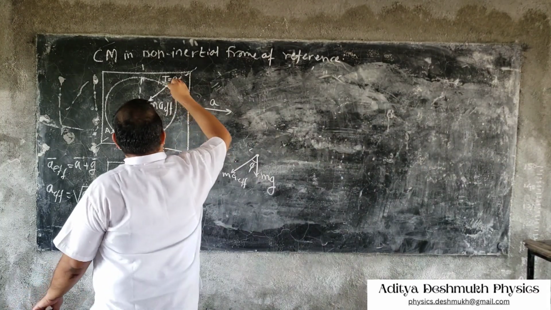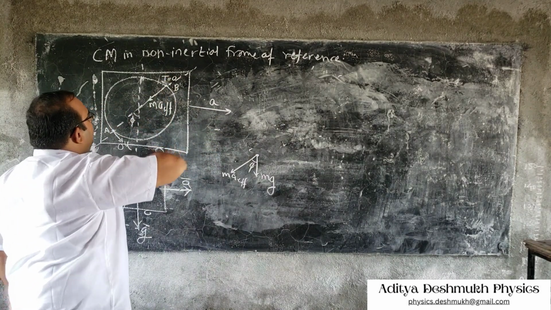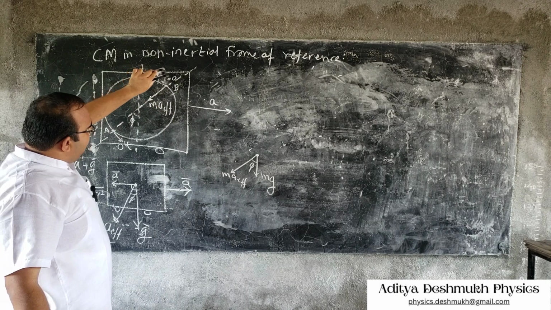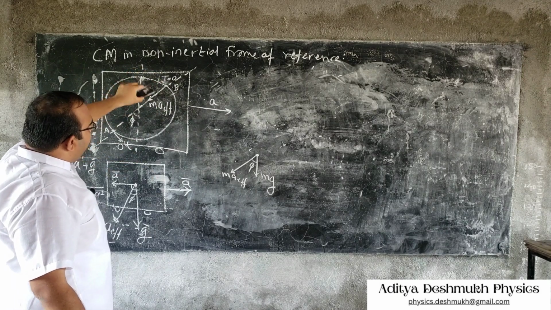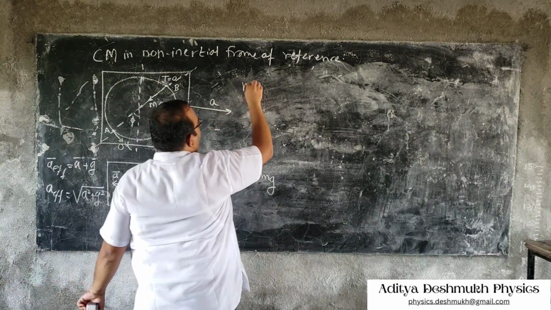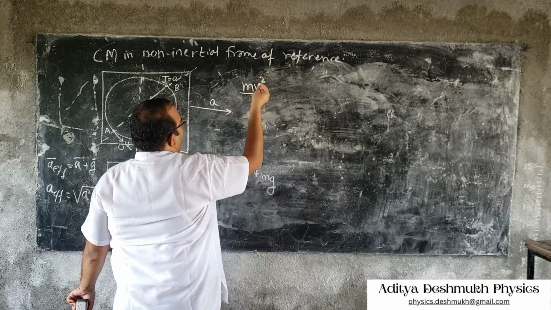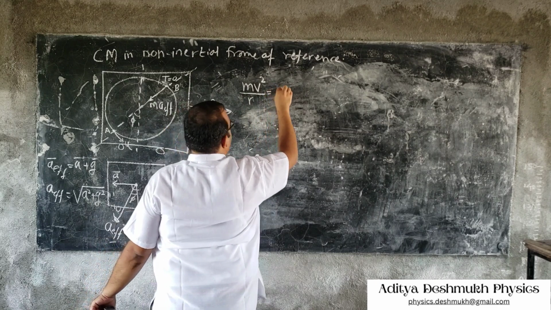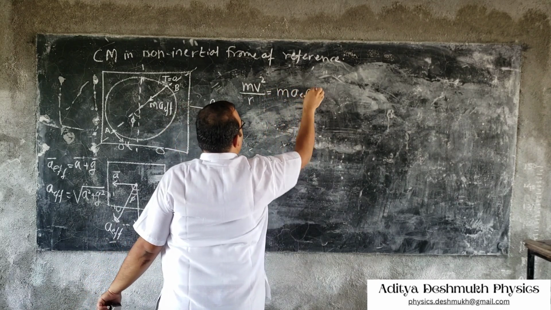So at point B, the limiting case is tension is 0. So my minimum required centripetal force is provided by m into a effective.